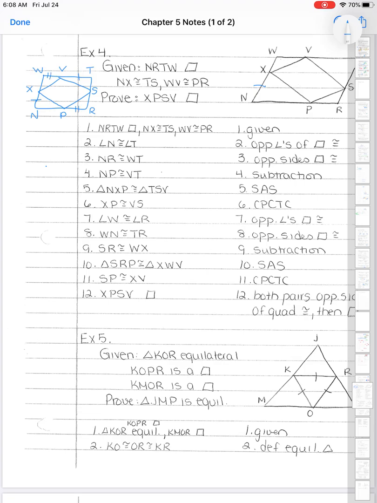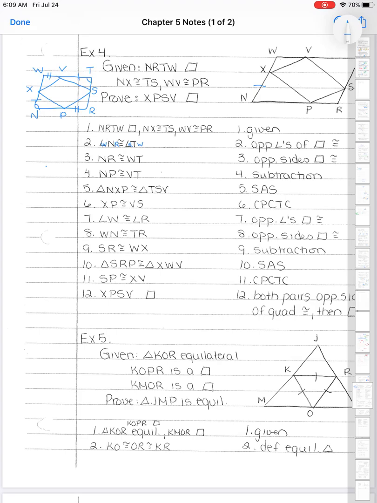I'm just going to redraw it over here so I can write on it. B, T, S, R, P. Okay, so NX, TV, WV, PR. And we want to prove that that inside shape is a parallelogram.